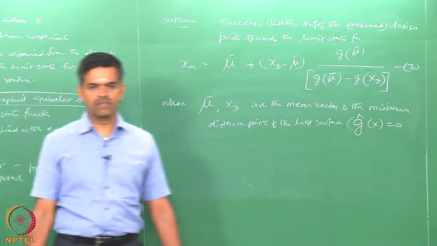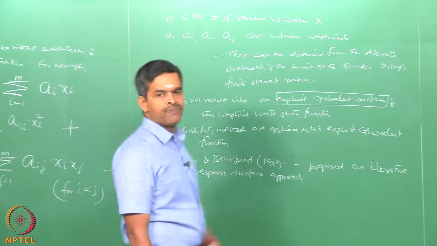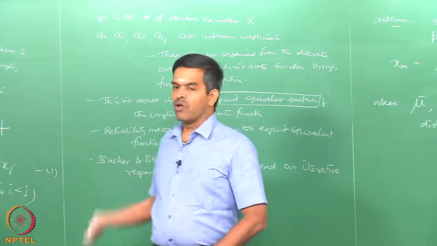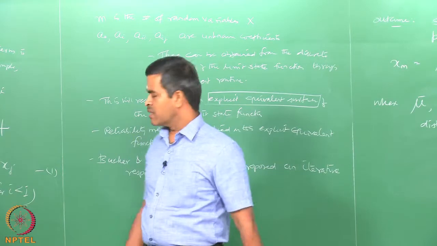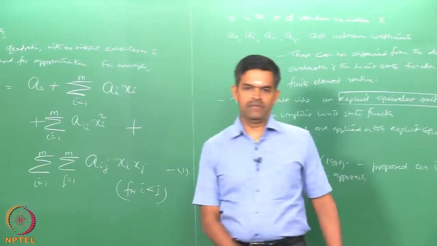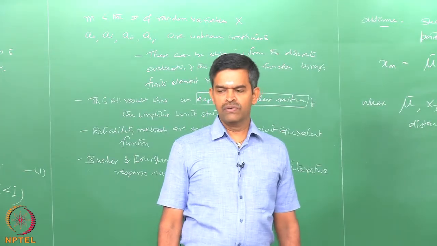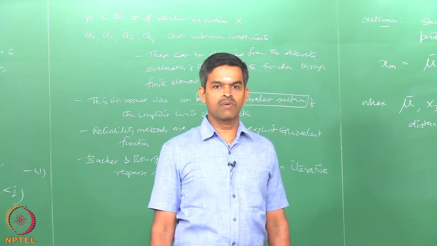It is not the original function. Okay. We have transformed the function to an explicit function, as you can see from equation 1, using a polynomial or using a quadratic form where the cross terms may or may not be present, as proposed by the researchers. Okay. There is one more method by which we can still do this, that is called higher order stochastic response surface method.